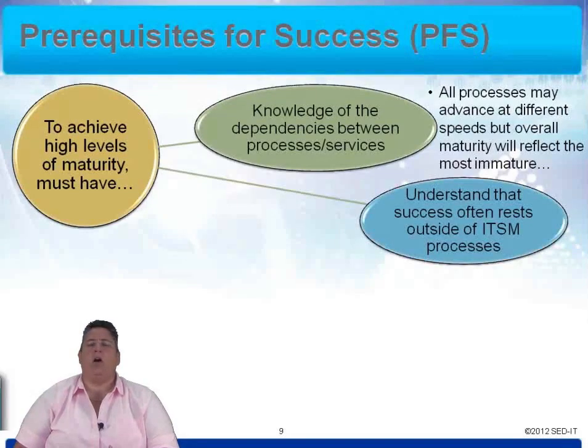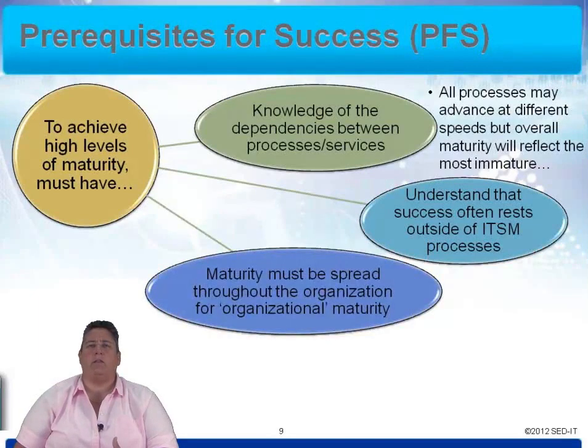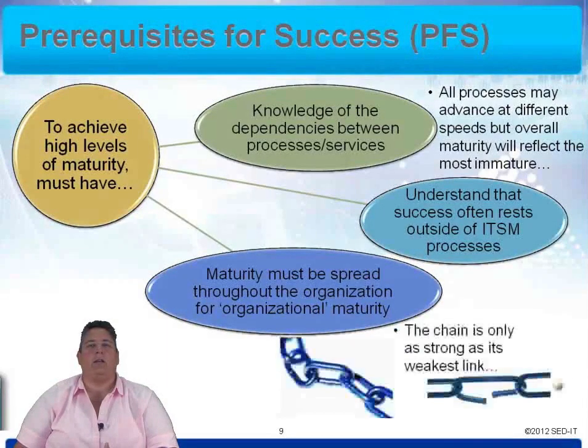Understand that success often rests outside of IT service management processes, that we may need other events to occur or be in place. In other words, empowerment and authority from leadership, so that we can be successful within our service management processes. Maturity also must be spread throughout the organization to actually get the title organizational maturity.